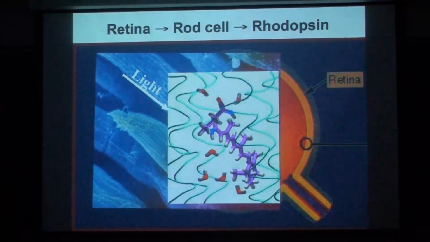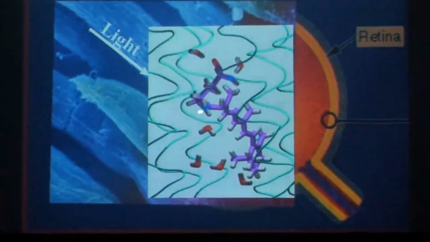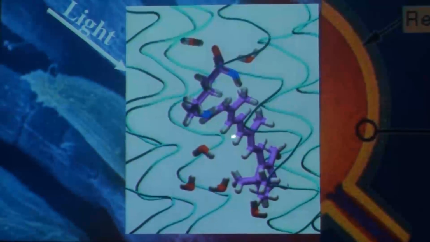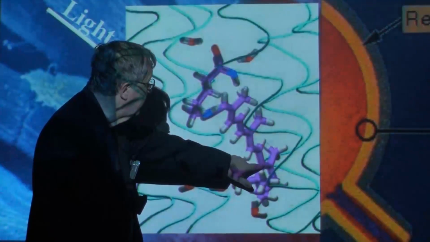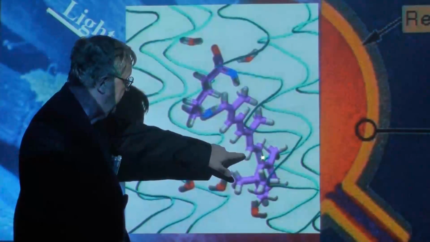And now you see here the photoreaction. So here you see, at the moment when light is absorbed, how this moves around here. And when you look at the molecule, you find that this carbon here is what you call trans on the other side.